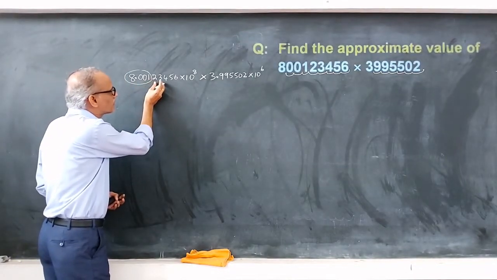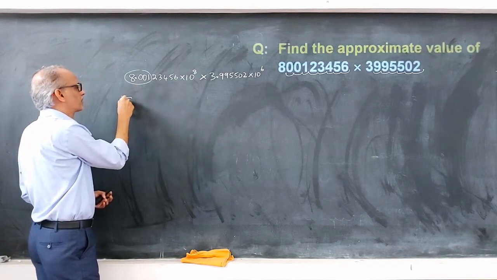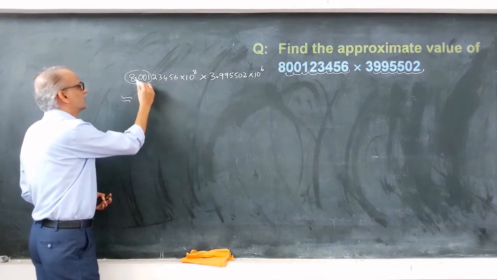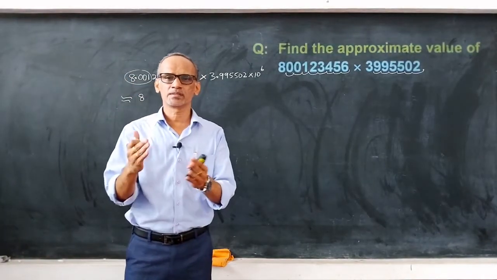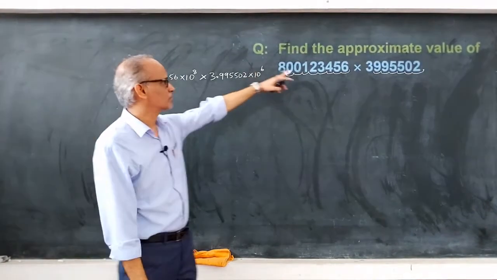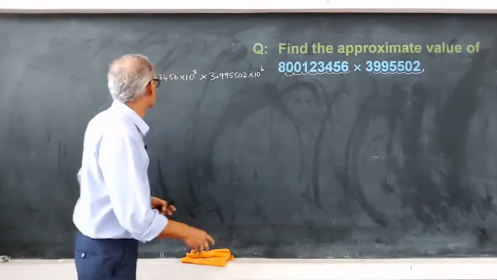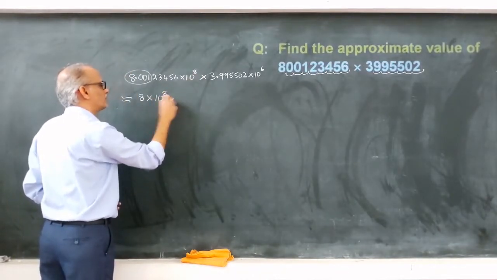These values are smaller and smaller, so that I can consider this to be approximately 8.0001. You can consider that as approximate, because that is what the question says, see the word approximate. So it's 8 into 10 to the power 8 into.